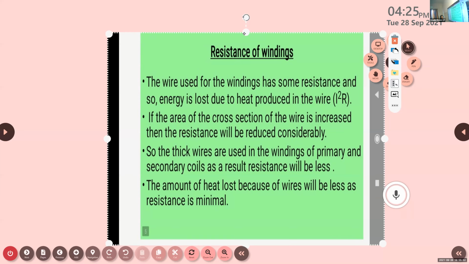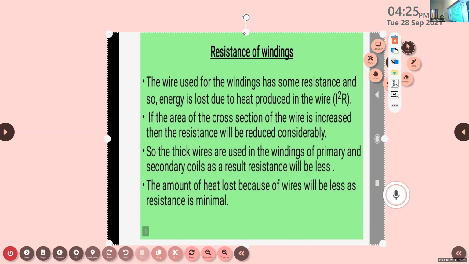The wires used for winding of the primary coil and secondary coil possess some kind of resistance. Whenever the resistance increases, the heat produced by the circuit also increases because they are directly proportional.